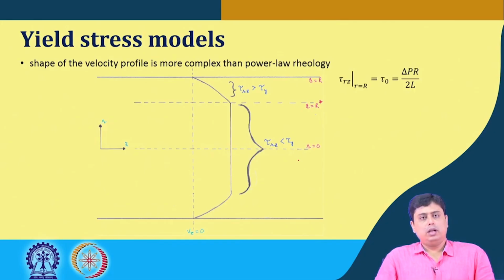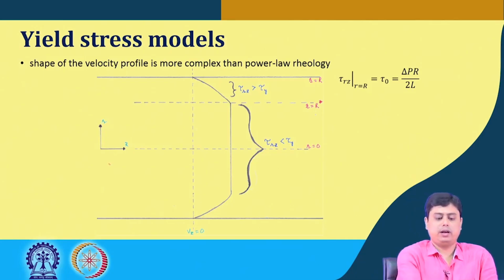Now, the shape of the velocity profile in this yield stress model is not as simple as it was in the case of power law rheology. Here this is the schematic. It shows a typical velocity profile when it flows through a horizontal pipe.